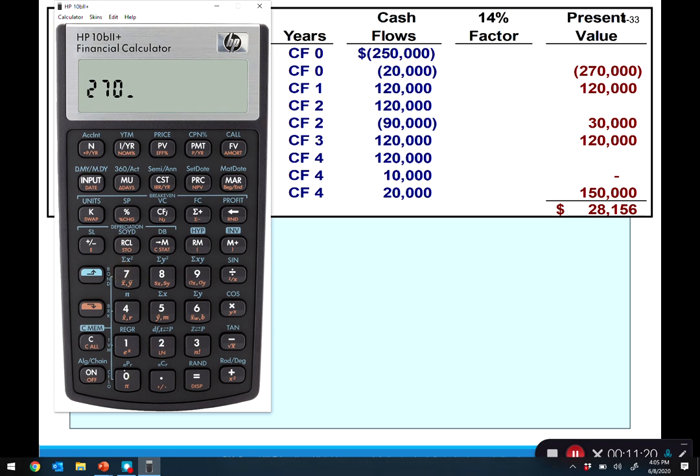So the 270 initial investment in working capital is negative. Set that for cash flow 0. 120 is going to be cash flow 1. And then the net for cash flow 2 is 30. And then cash flow 3 is the 120. And then cash flow 4 is the 120, the 10, and the 20 for 150.